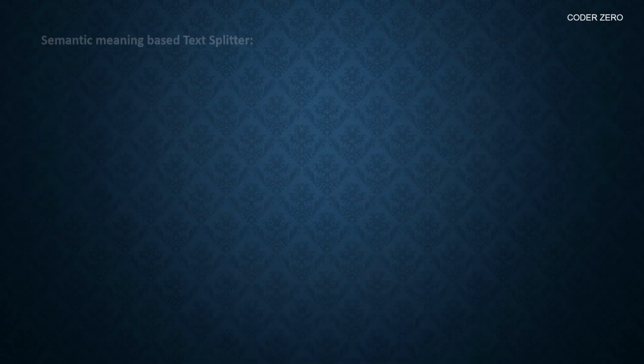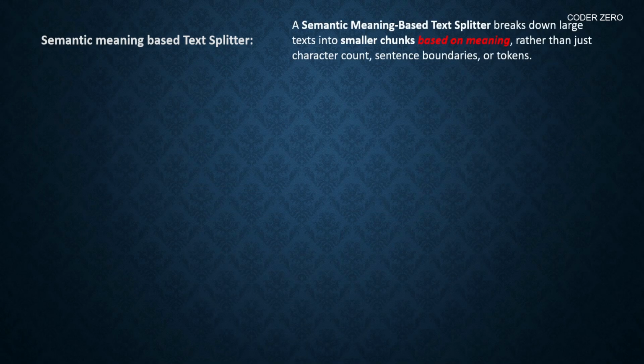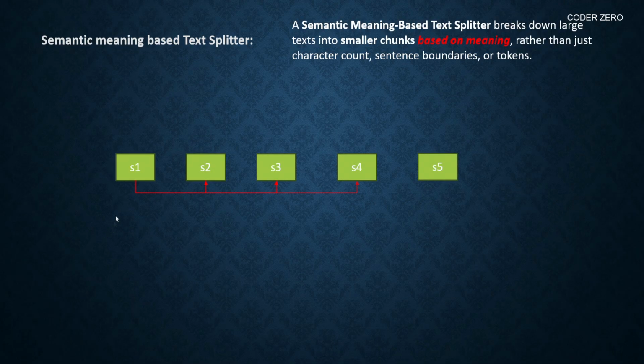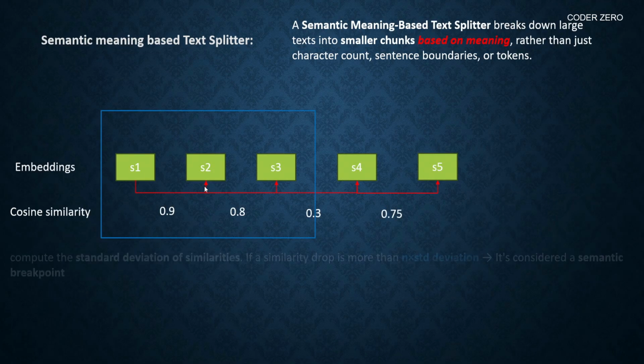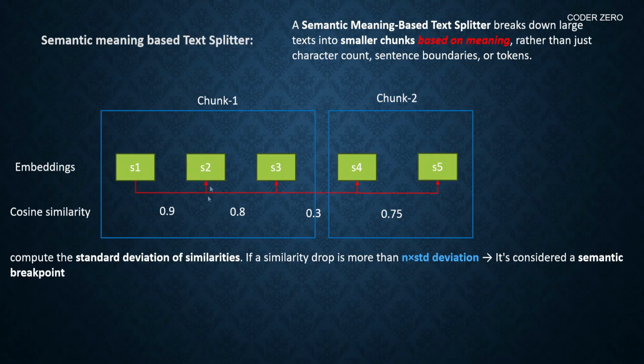So how does it work? In the semantic based text splitter, it calculates cosine similarity between 2 sentences. You can see cosine similarity between S1 and S2, S2 and S3, S3 and S4, S4 and S5. Then it calculates the standard deviation of this cosine similarity, and checks if any cosine similarity is more than n standard deviations, where n can be 1, 2 or 3.